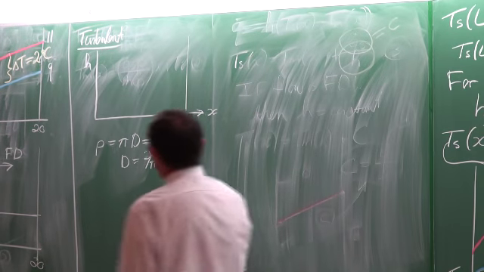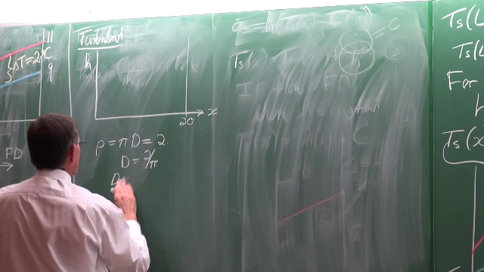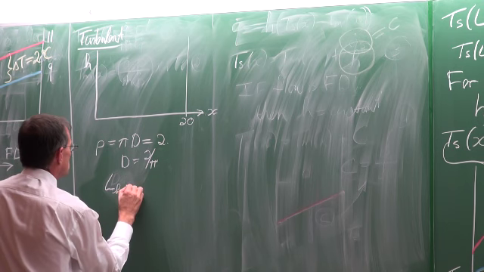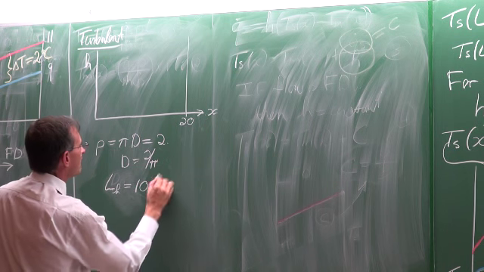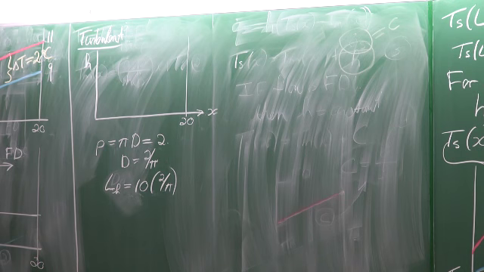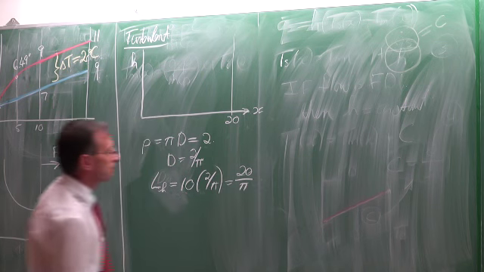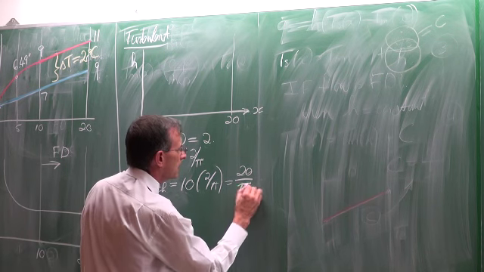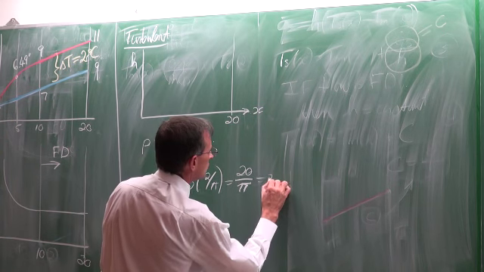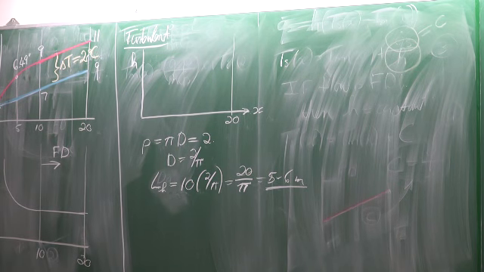And it would mean that it would take 10 times 2 divided by pi before the flow would be fully developed. So that is equal to 20 divided by pi, and that would be about 5 to 6 meters. Okay, 5 to 6 meters before it is fully developed.